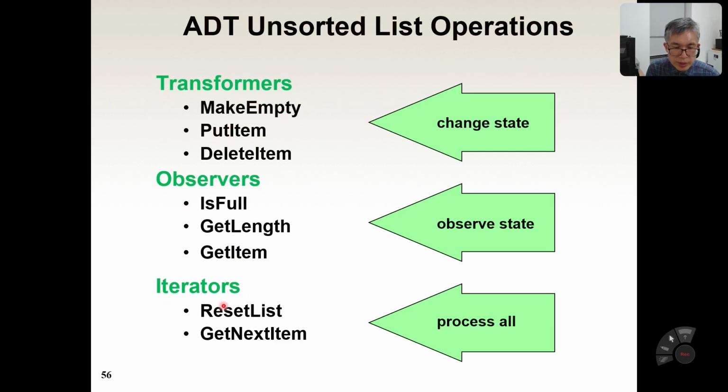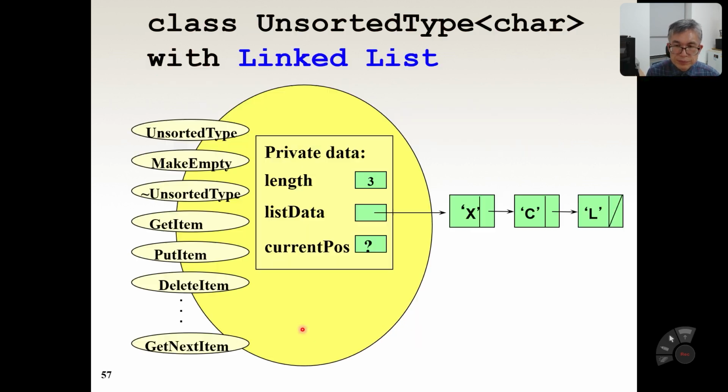For iteration, the iteration position value is set to -1, which means we haven't iterated yet. With GetNext, during iteration, we can get the next item.